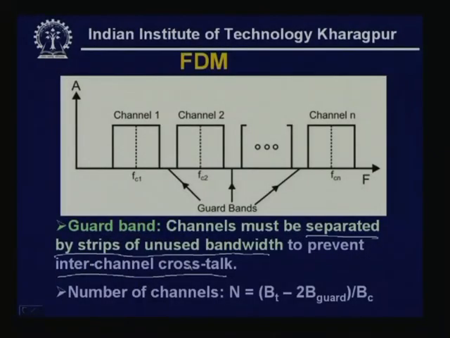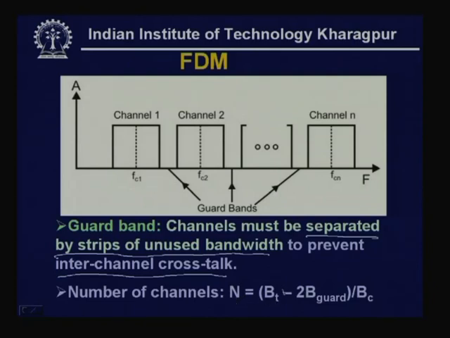So, inter-channel crosstalk has to be avoided, and to do that guard bands are used. This equation shows the number of channels that can be used: n is equal to (Bt minus 2 Bg) by Bc.